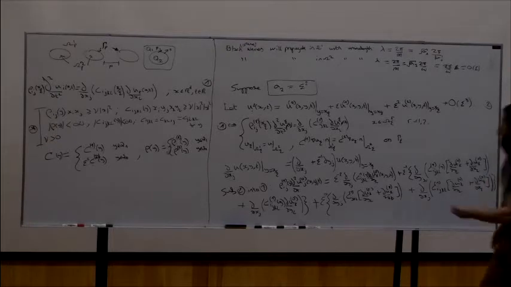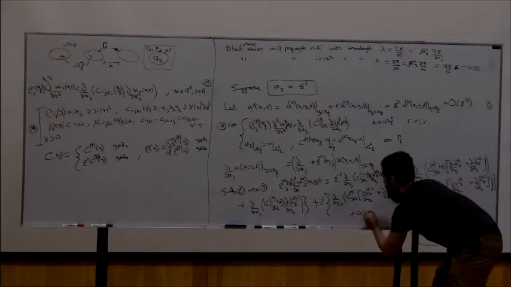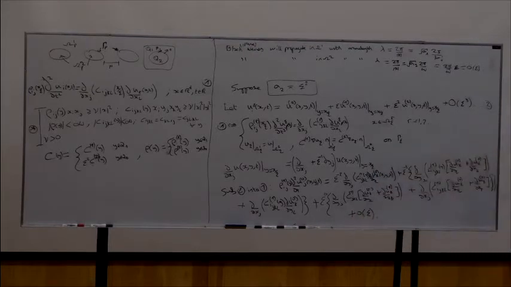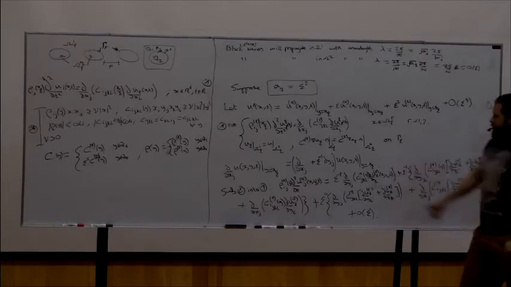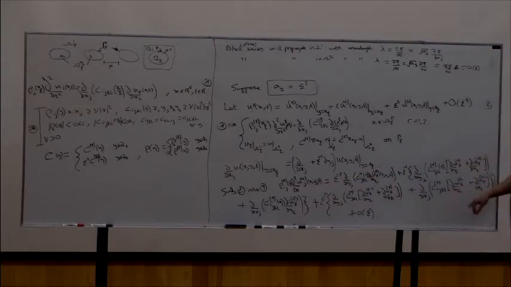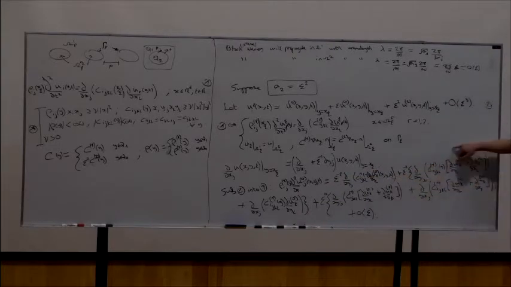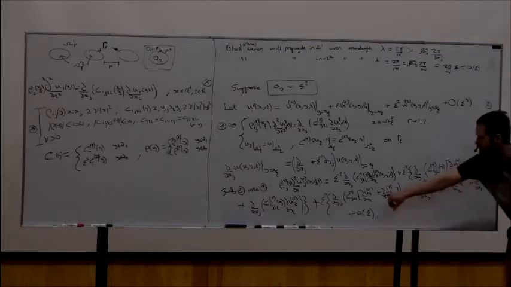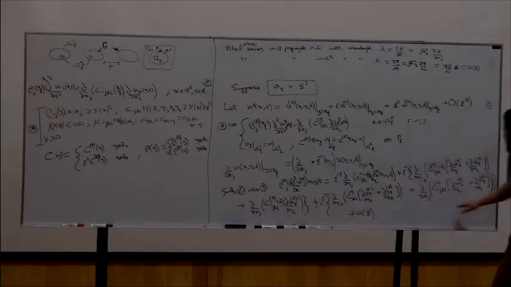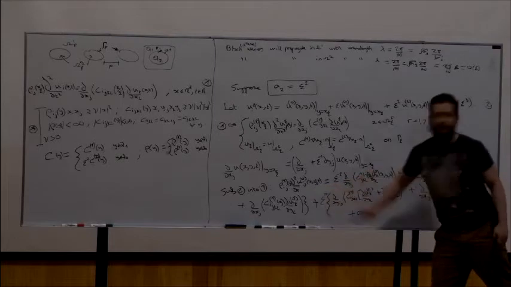And then plus order epsilon, for example. Then you need to start equating coefficients. Because if the left-hand side equals the right-hand side, then this term needs to be 0, and this term needs to be 0 in front of epsilon to the minus 1. And then this term in front of epsilon to the power 0 will equal the right-hand side.